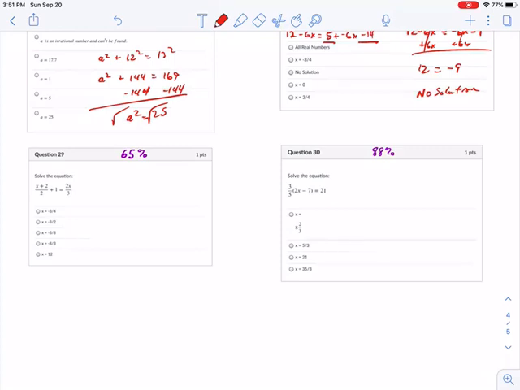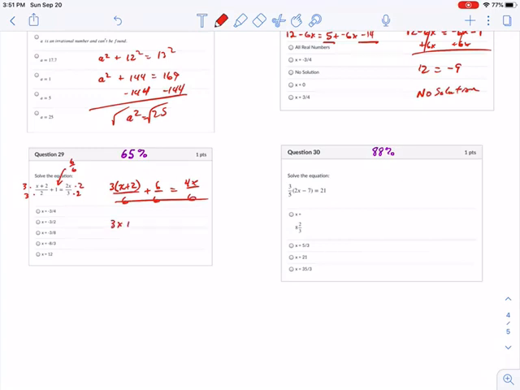Number 29. Only 65% of us got this one right. Let's see if I made a mistake on it. I'm going to get a common denominator, so I'm going to get a denominator of 6. I'm going to multiply this side by 3 over 3 for that fraction. I'm going to make this 1 into 6 over 6. And then I'm going to multiply this side by 2 over 2. So that's going to be 3 parentheses x plus 2 over 6 plus 6 over 6 equals 4x over 6.